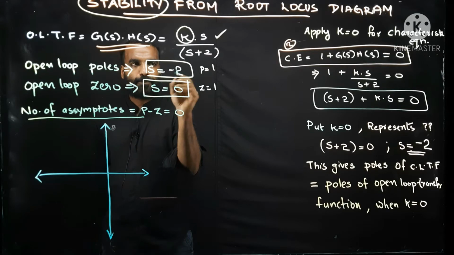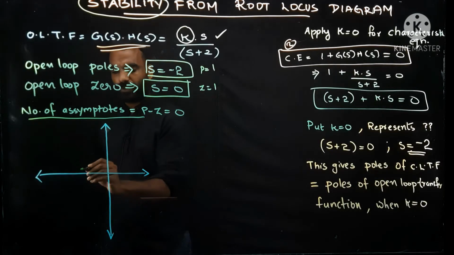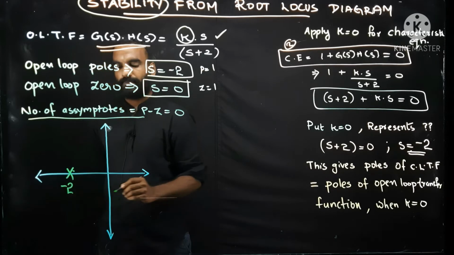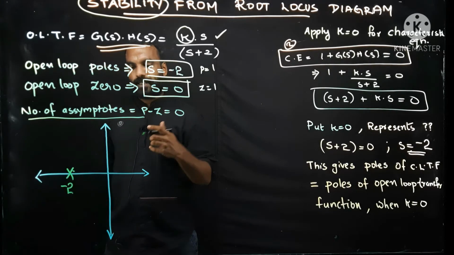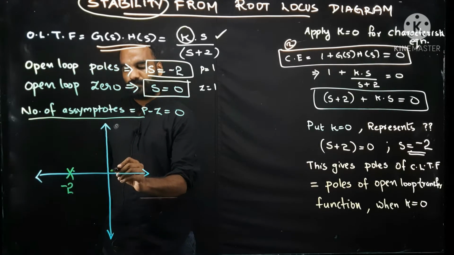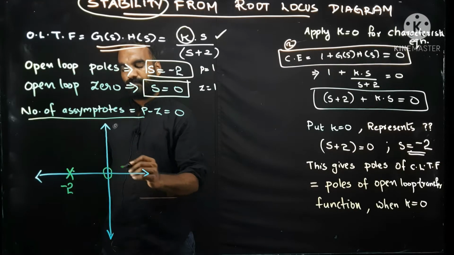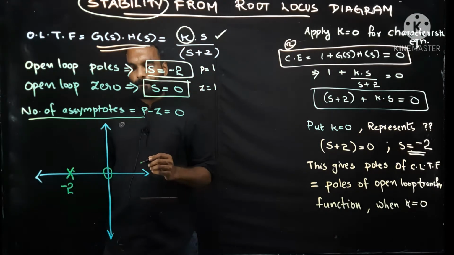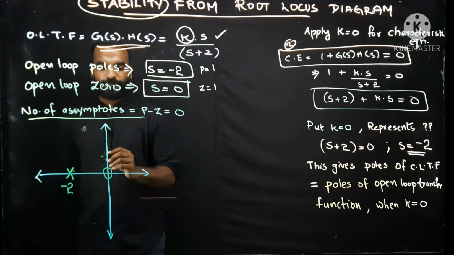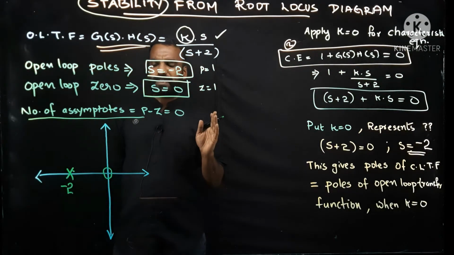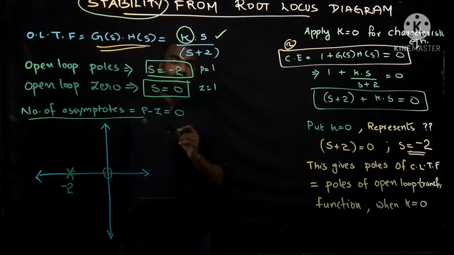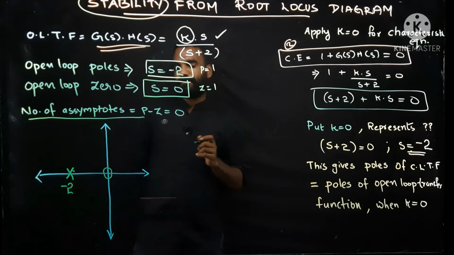First is the pole. It is here at minus 2. And we have a zero here. So, where will the root locus diagram exist?